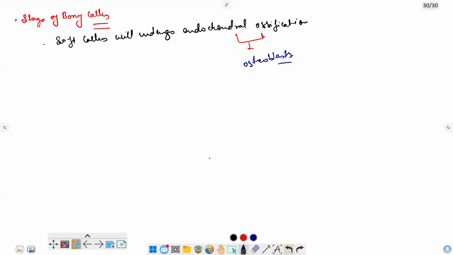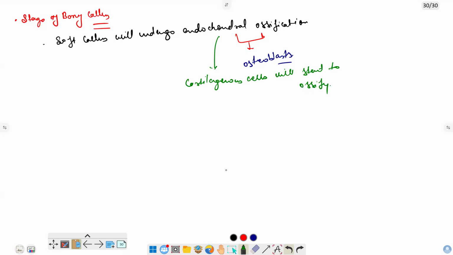Okay, here what is happening? The cartilaginous cells will start to calcify. It means what? It means that the cartilaginous cells will start to ossify.